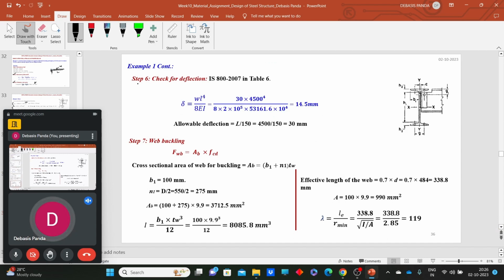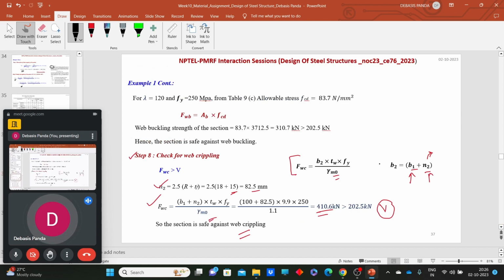In step 6 we calculated the value of deflection. Then in step 7 we checked the beam against web buckling. Both the web buckling strength and web crippling strength are well above the design shear capacity. So now we can say the beam is safe against deflection, bending, and local buckling.